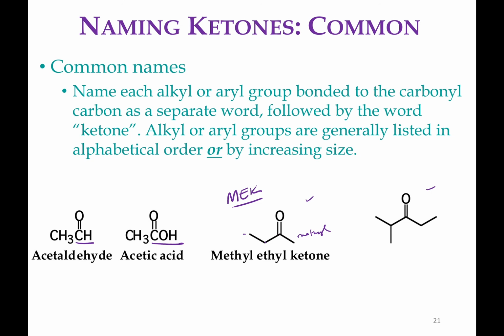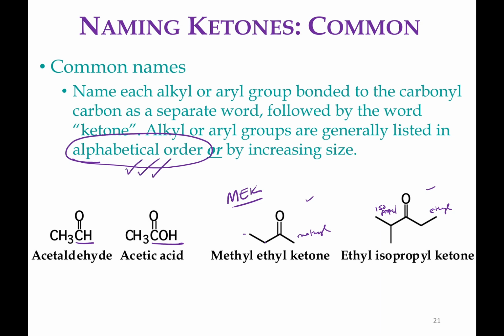So here we have ethyl and isopropyl. So ethyl isopropyl ketone. Alphabetical order is, again, the way to do this. I would highly recommend doing this with alphabetical order because it's always acceptable, whereas some of these are allowed to go in increasing size, and this is one of them.